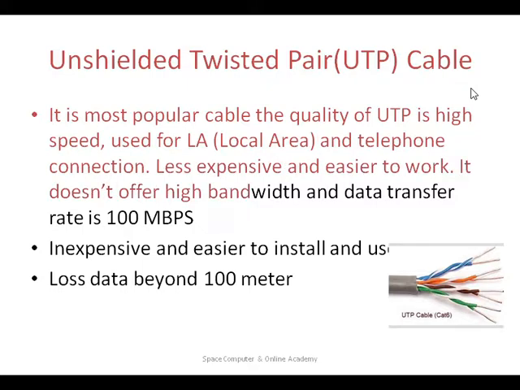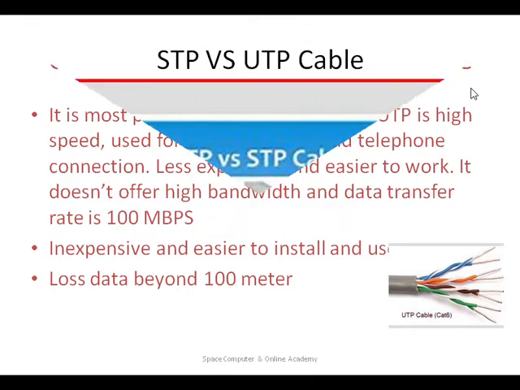It is inexpensive and easier to install and use, but there is loss of data beyond 100 meters. UTP means unshielded twisted pair.